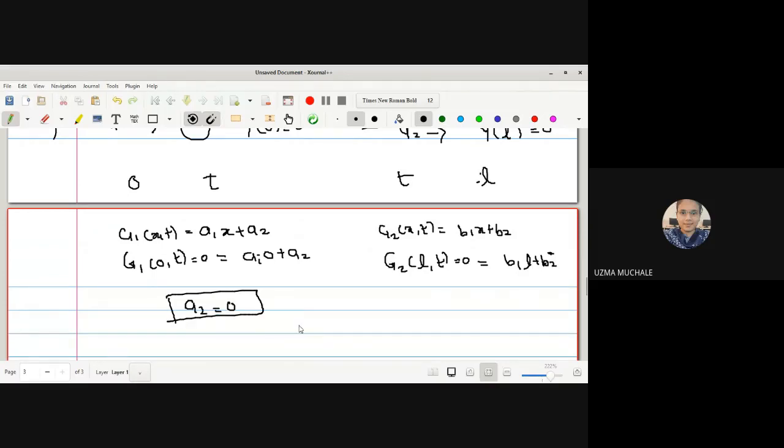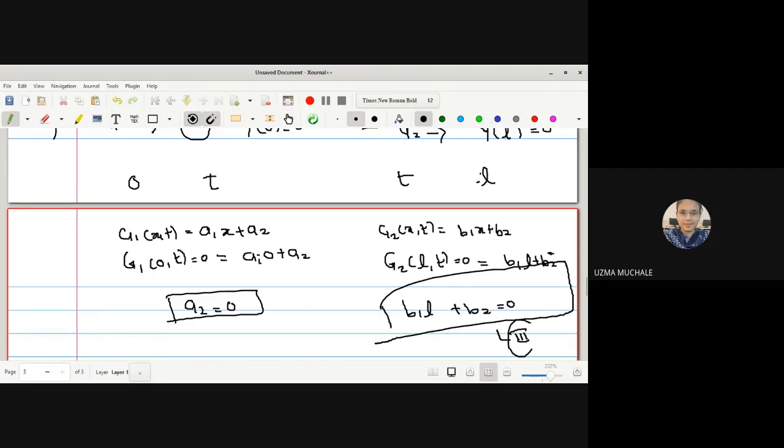So firstly we have got the value of one constant, that is a2 equal to 0, since a1 into 0 is 0. And here we are getting b1L plus b2 is equal to 0. Let me name it equation number 3.